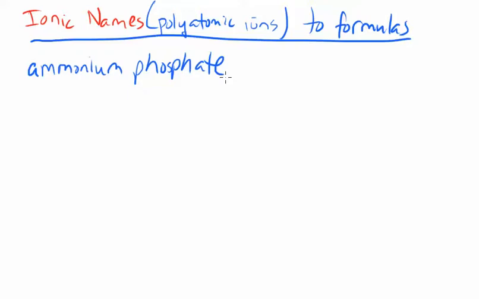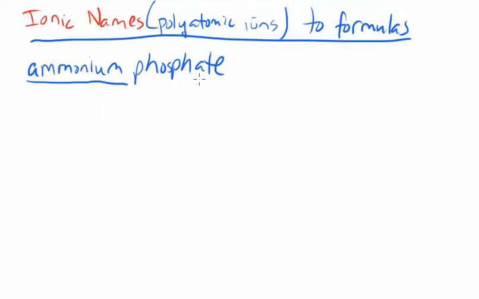So, how do you know this contains a polyatomic ion? Well, first of all, for ammonium, you really need to know that ammonium is the one positive polyatomic ion that you need to worry about when we're writing names and formulas for ionic compounds. So you should just recognize ammonium is the positive cation, polyatomic ion you got to know.